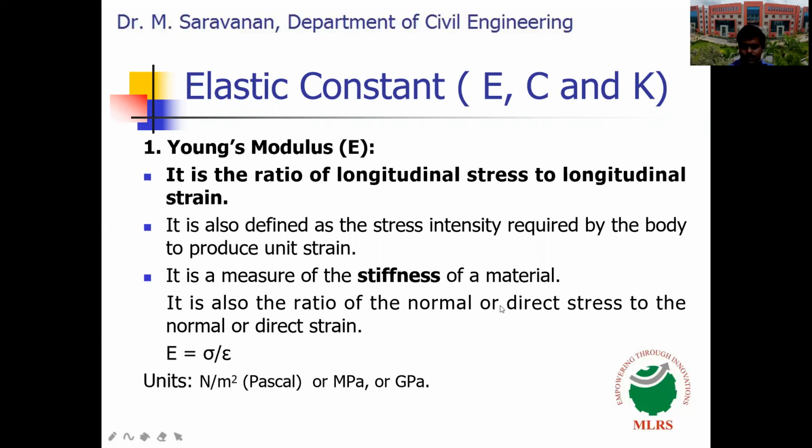Normal stress is also called direct stress, and normal strain is also called direct strain. So Young's modulus is equal to normal stress by normal strain, and the unit is Newton per meter square. This Newton per meter square is nothing but Pascal, megapascal or gigapascal.